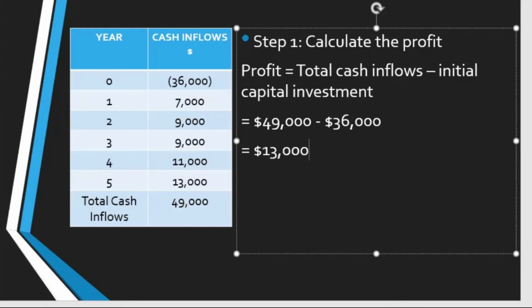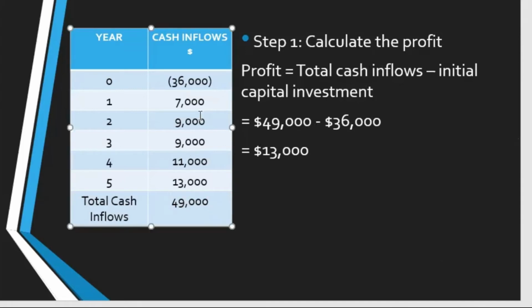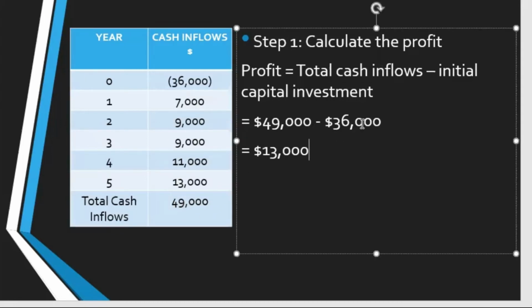Great. So remember, the first step is to calculate the profit. To calculate the profit, you take away the initial capital investment from the total cash inflows. We got the total cash inflow when we added all the inflows, which came to $49,000, and then we take the $36,000, that's the initial capital investment, what it would cost the business to invest in the project.